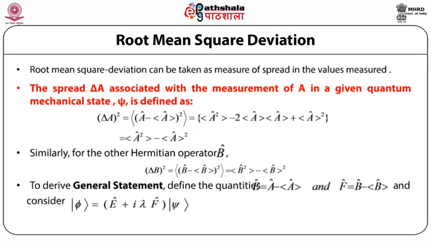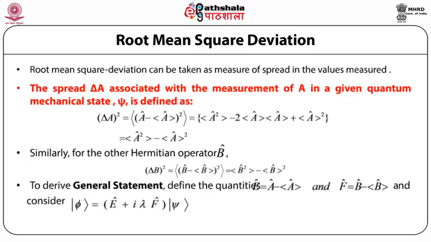This turns out to be equal to the expectation value of the square of operator A minus twice the expectation value of the operator A times the expectation value of the operator A plus the square of the expectation value of the operator A. This gives the final value of delta A whole square, that is the spread associated with the measurement of A, as the expectation value of the square of the operator A minus the square of the expectation value of the operator A.